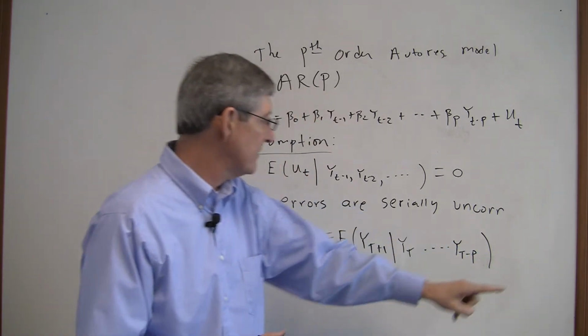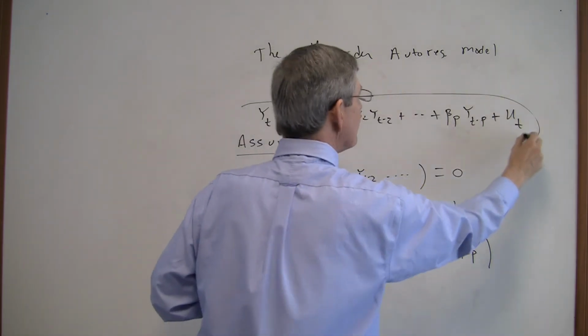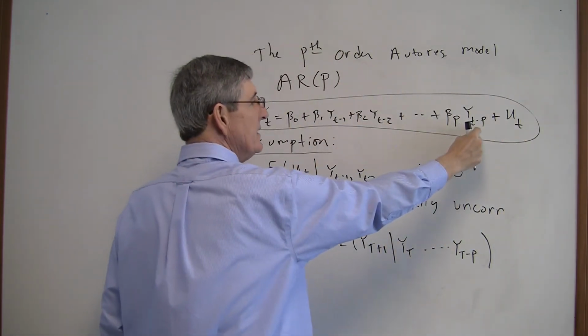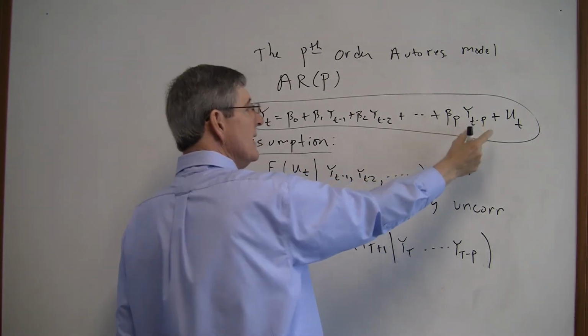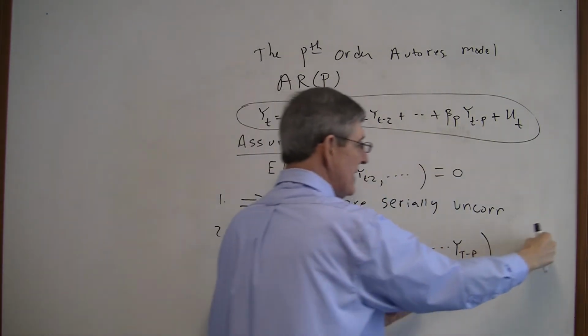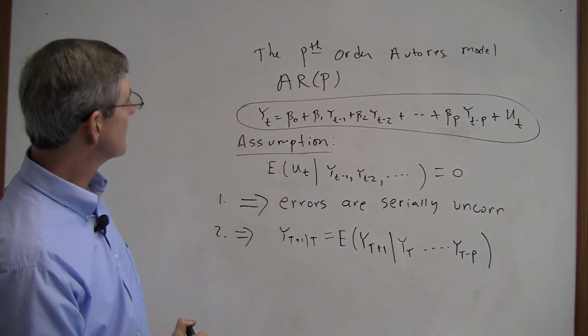Anything beyond that doesn't help you. So it says that when you use this model, you don't have to use any lags past t minus p, that the best forecast doesn't need anything past the pth lag in an ARP model.